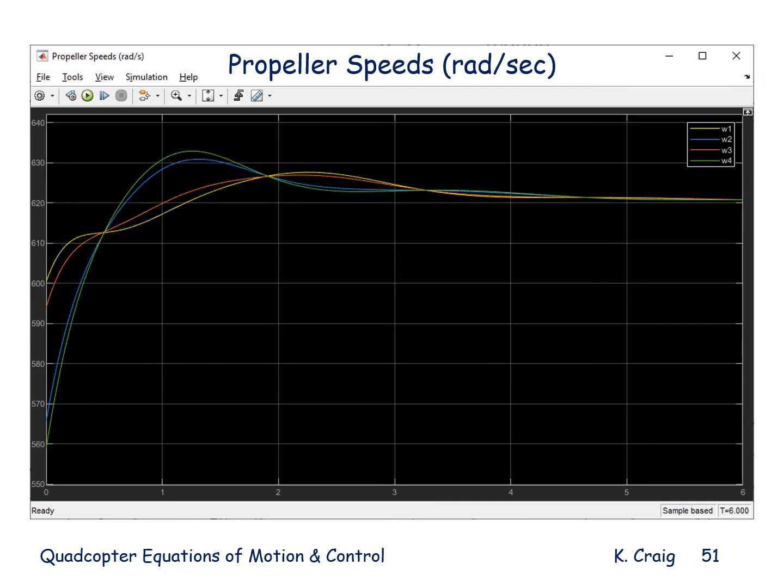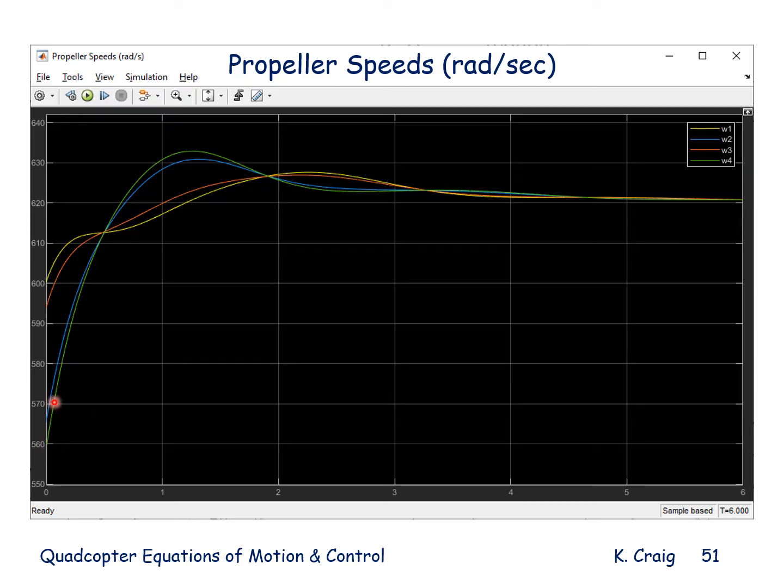And lastly, the propeller speeds are shown here for the four propellers, W1, W2, W3, and W4. And you can see where they all start. These speeds are in radians per second, and they can be converted to RPMs.